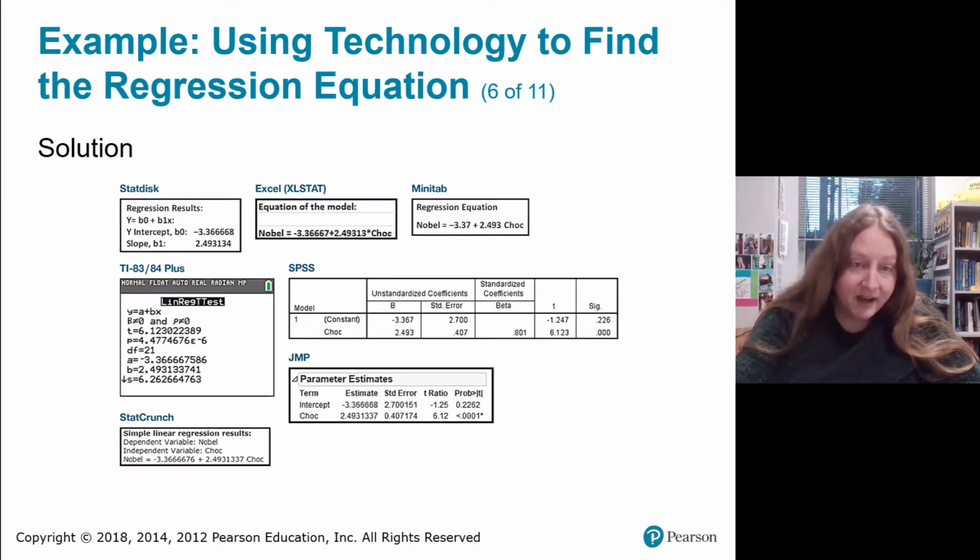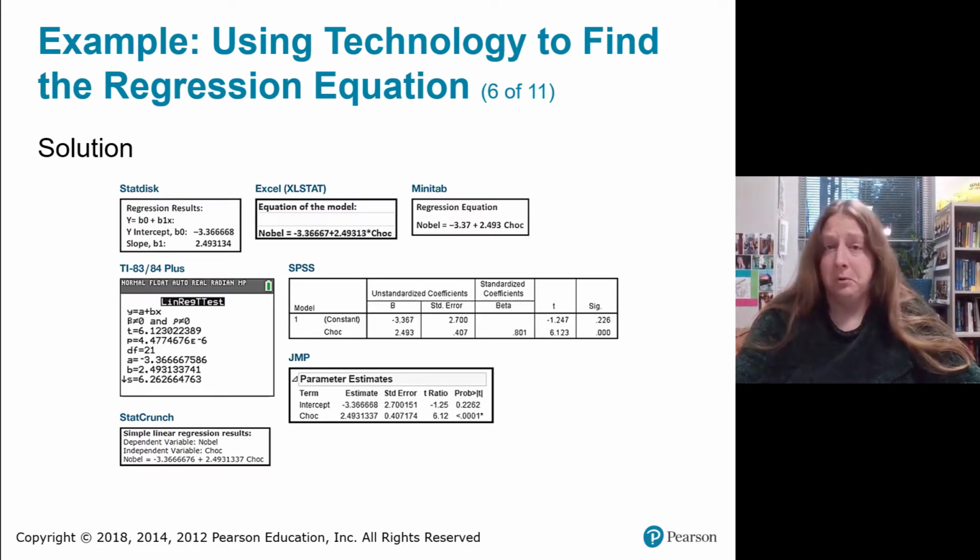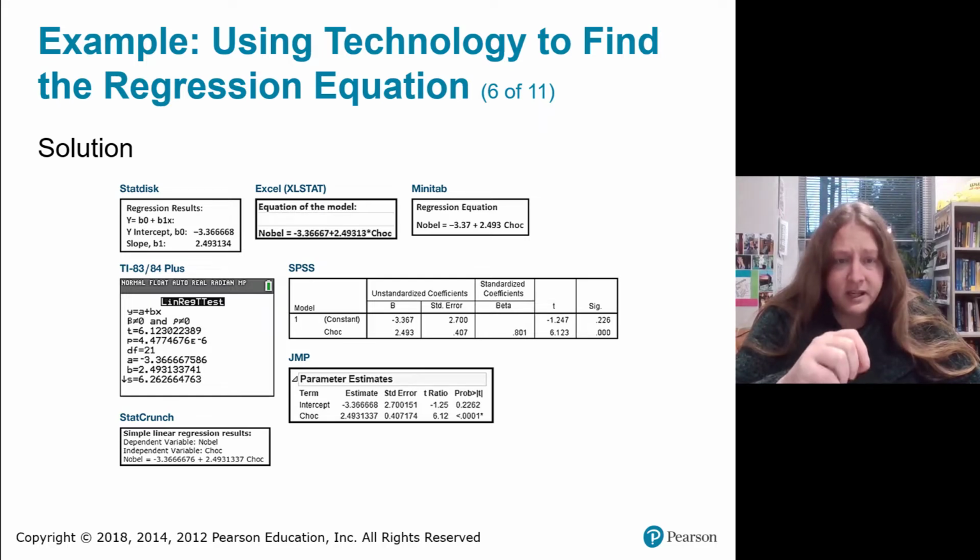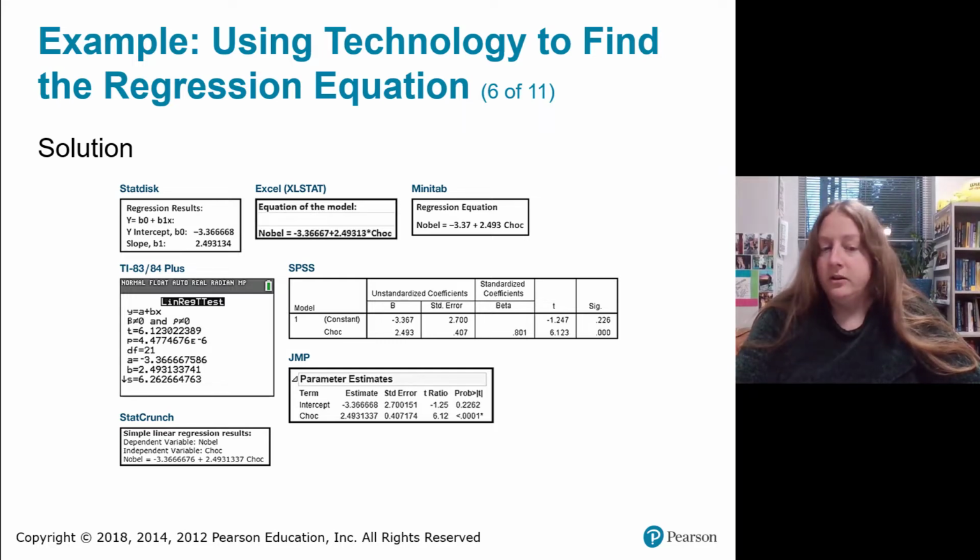So this is what the output looks like for 7 different programs. And you'll notice on all of them, they tell you either the equation spelled out for you, or they'll tell you what parts are what for the equation. So take a look at those, make sure that you can see and find all of the parts and know where to look for them.